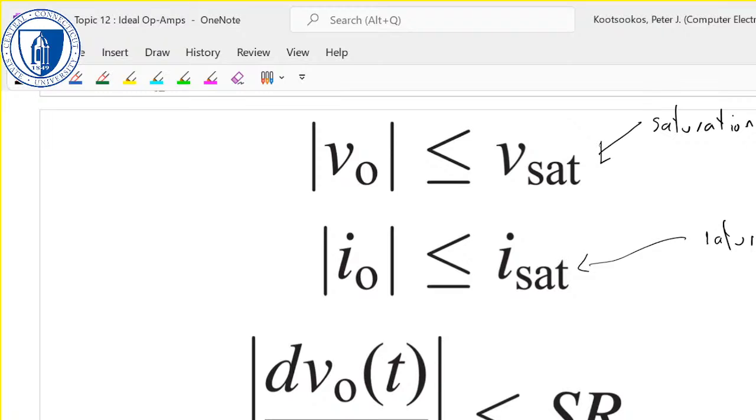So the derivative of the output voltage has to be less than SR, which stands for slew rate. And if you look up a data sheet for the 741, it'll give you all these numbers. And it'll tell you how high the saturation voltage is, how high the saturation current is, and what the slew rate is.